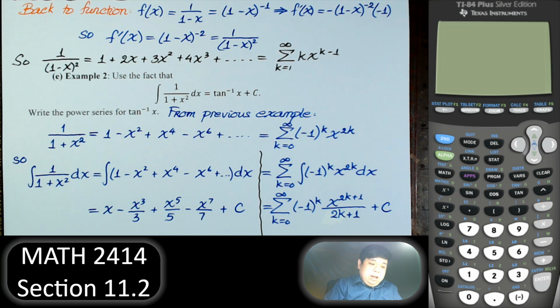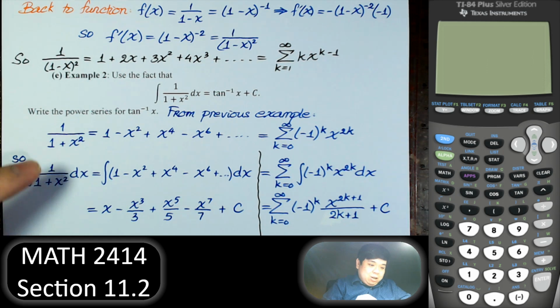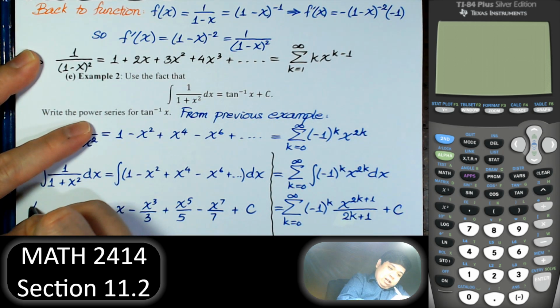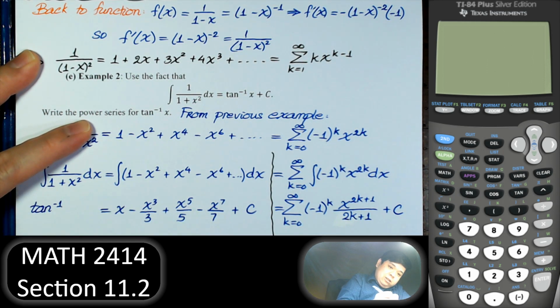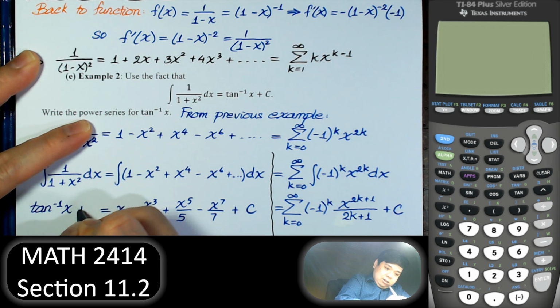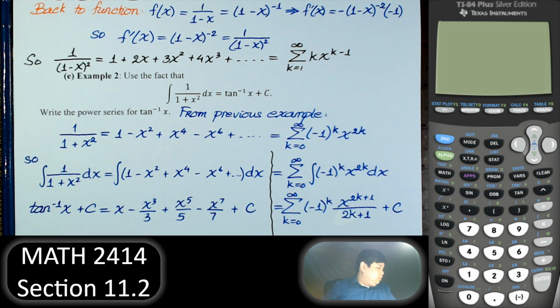Now, of course, if we integrate, that one is equal to tangent inverse of x plus c. By the way, notice that we can just write one constant c on one side, right?